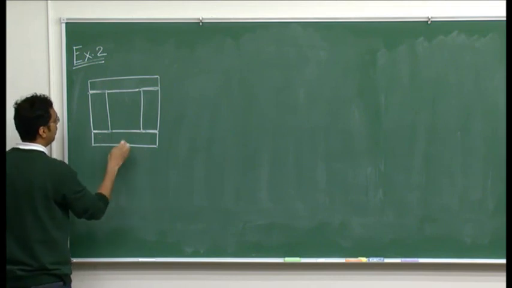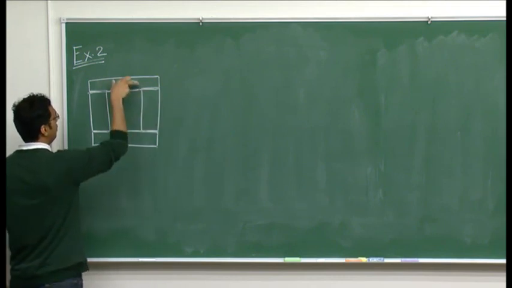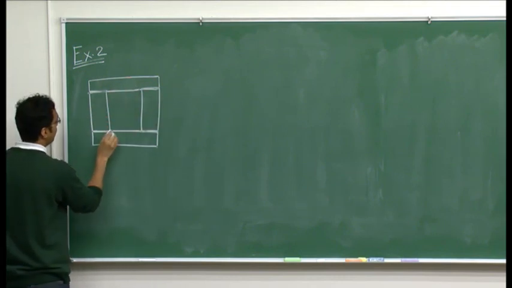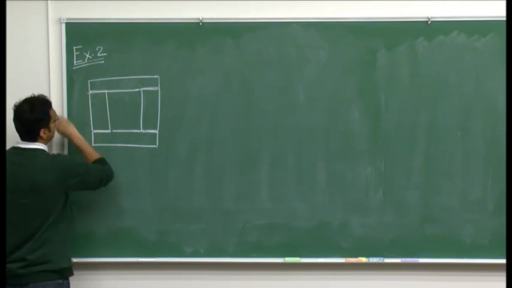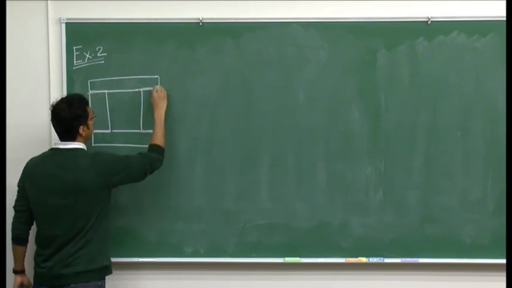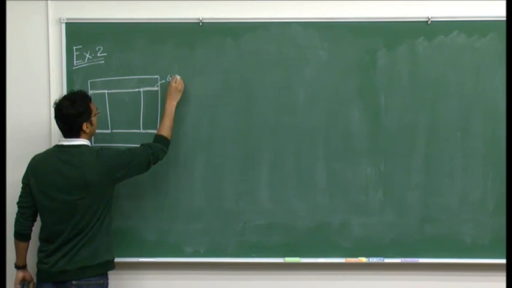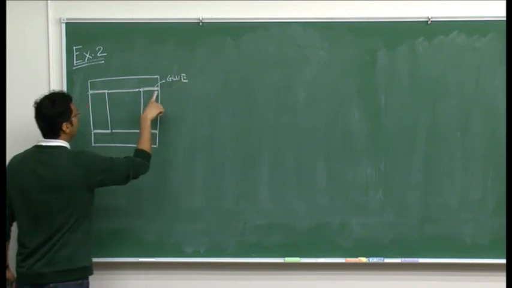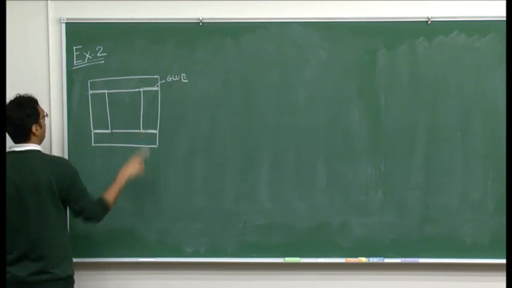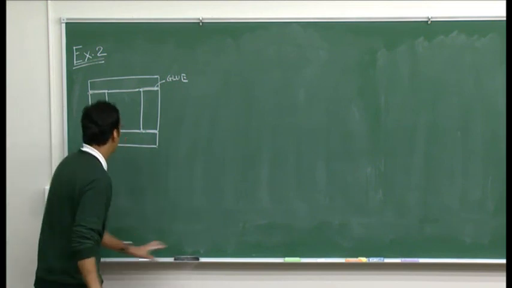So 1, this horizontal, 2nd, 3rd, and 4th. And these 4 wooden bars or planks are glued together. So this is glue, this is glue, this is glued, and we have 4 glue joints.